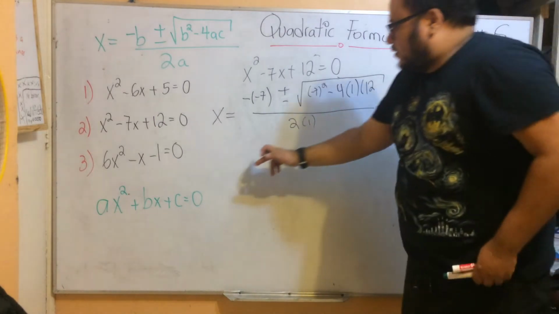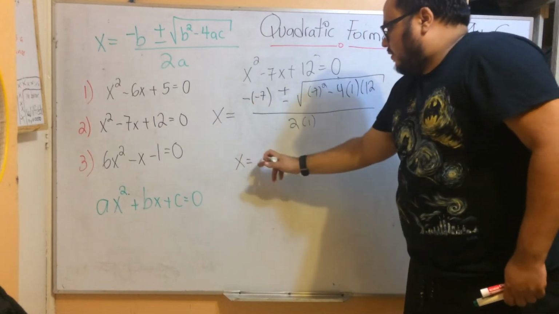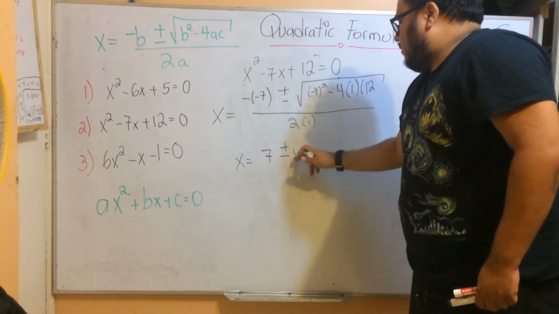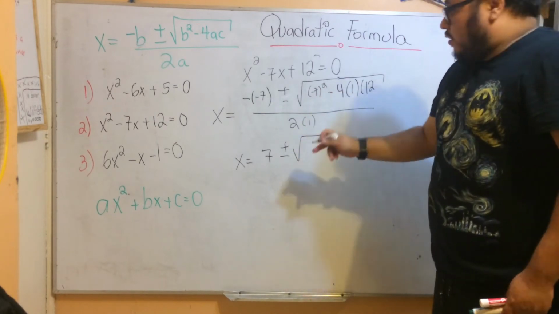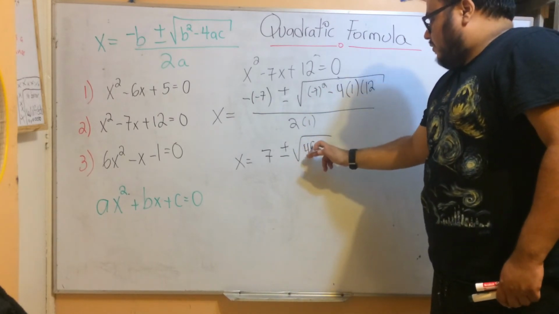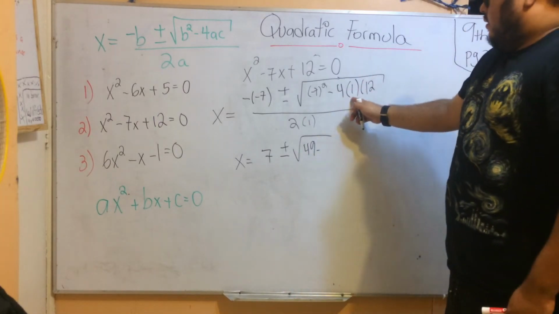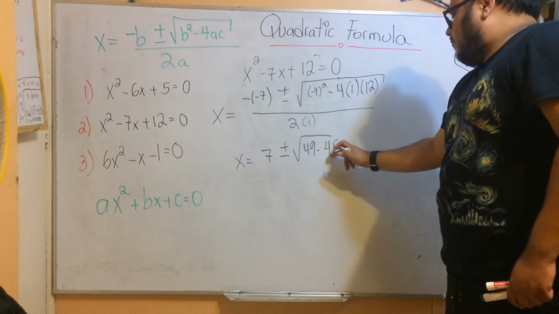Okay, so let's start solving. Negative times negative is positive. So we have 7 plus or minus the square root of 7 squared, negative 7 squared, is 49. It stays positive. Minus 4 times 1, 4, times 12, 48.